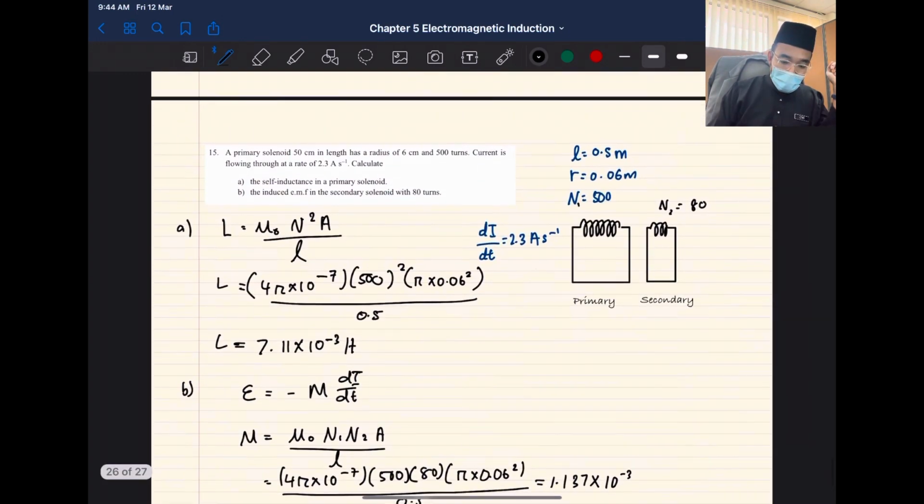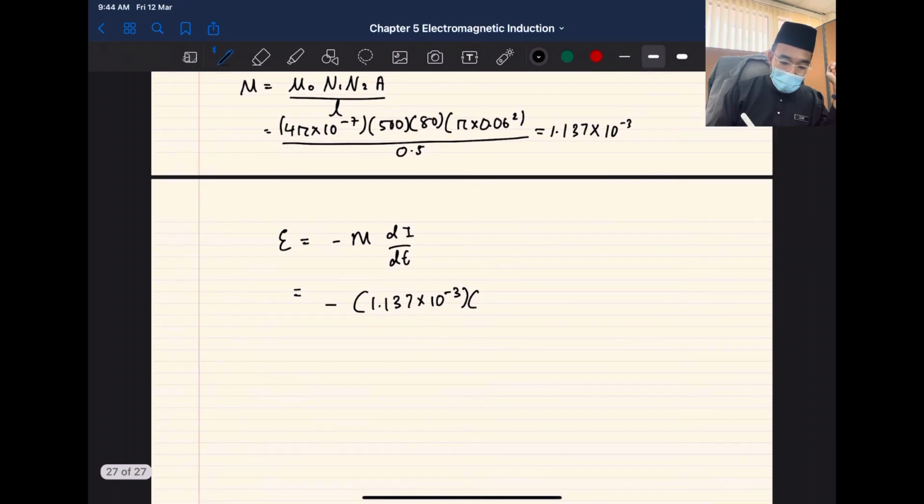And then the last one, if you want to find EMF equals negative M di dt, negative 1.137 times 10 negative 3 multiplied with di dt, which is given as 2.3 ampere per second. How do you know that? You can check the unit, and that one is per second, so it will be I per t.